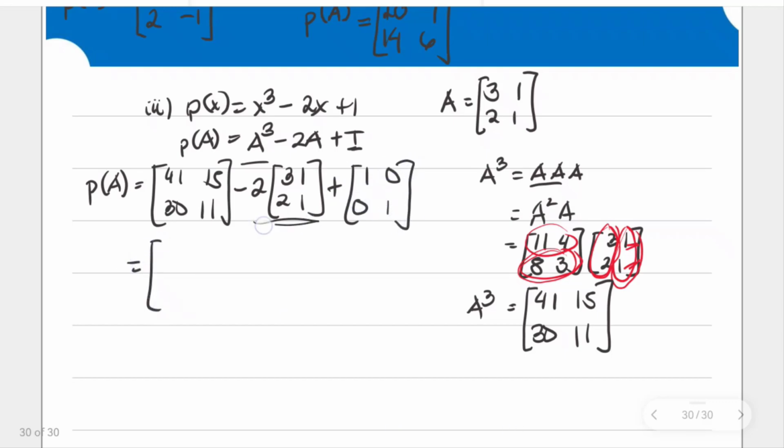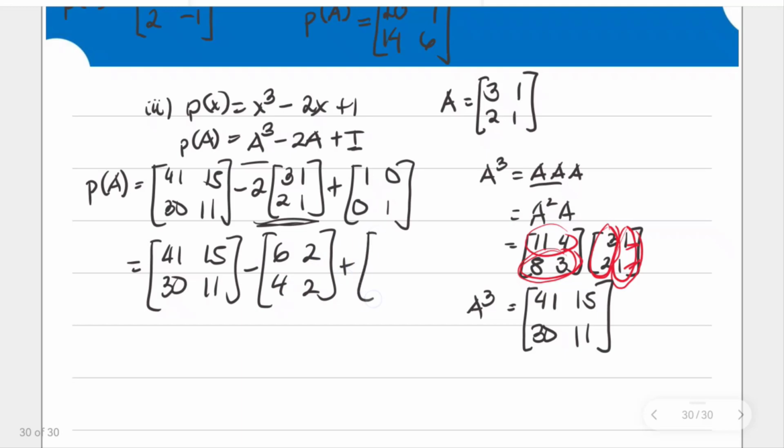So before we add, let's try to get the result of this. 41, 15, 30, 11 minus 6, 2, 4, 2 plus 1, 0, 0, and 1. So if we're going to do this, this is where will be our final result.